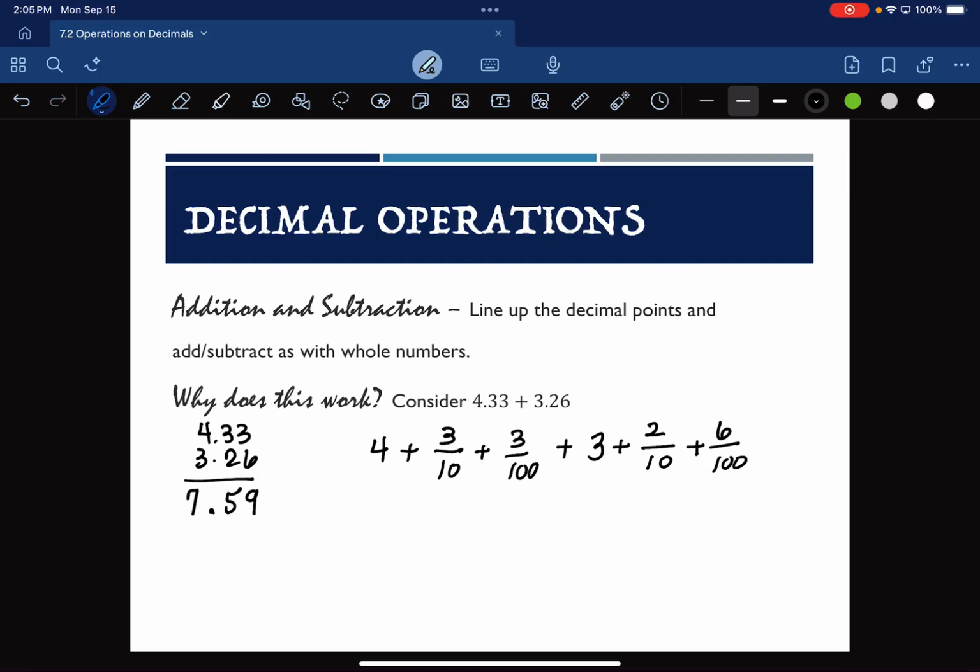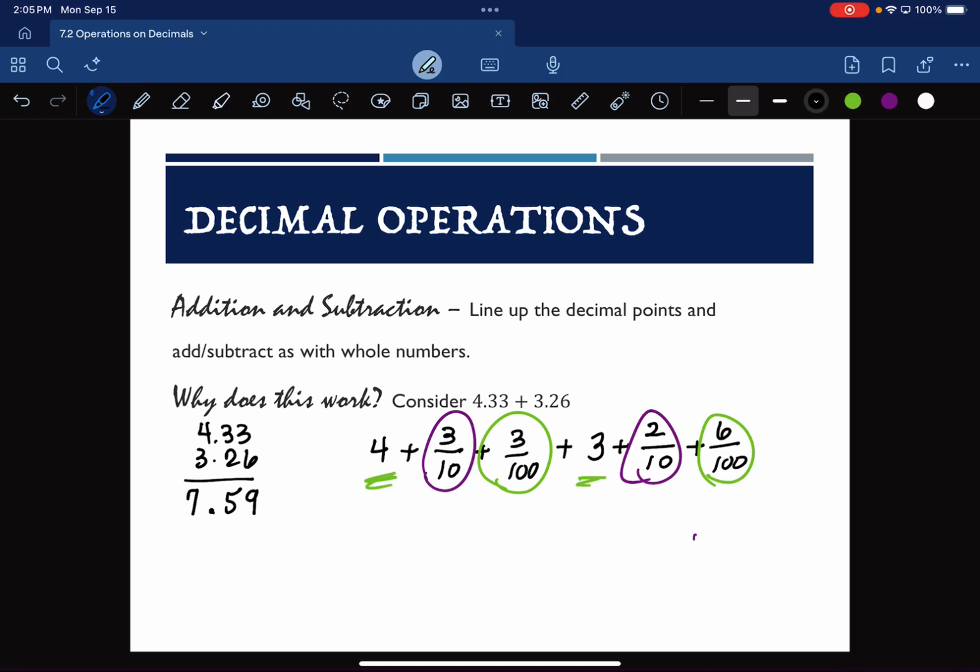And then what we did back in chapter 6 is we looked for things that had common denominators and we added those pieces together first, right? So we would have taken the 6 and the 3 here, we would have taken the 2 and the 3 here, and we would have combined those pieces, and the 4 and the 3 as well.